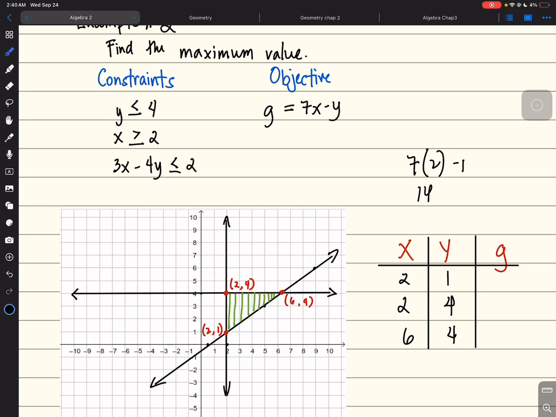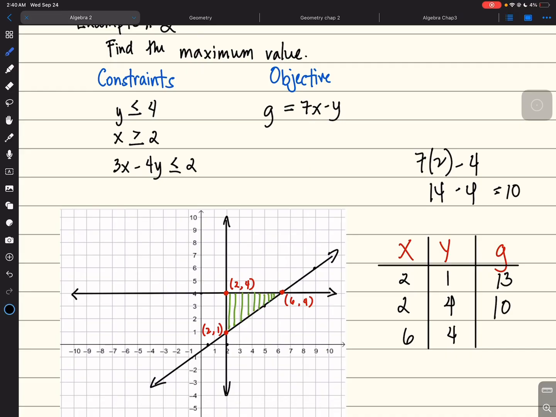So this is 14 minus 1, so that is 13. So for the first g, that is 13. How about for the second g? So again, substitute 2 and then y, that is negative 4, and this is 14 minus 4, 10. So meaning the second g is 10.